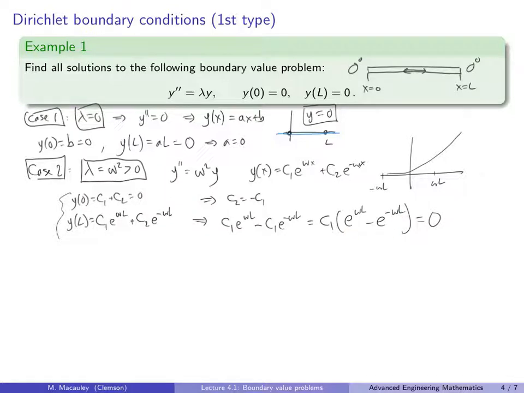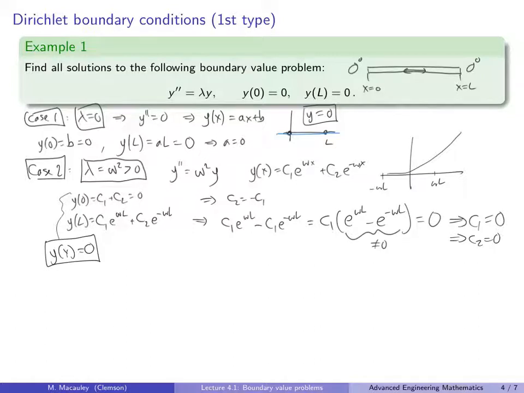In other words, this is never going to be equal to 0. So that tells us right away that c1 has to be 0. So if c1 equals 0 and c2 is its negative, then c2 equals 0. So here we also get that y of x equals 0. So we get no non-trivial solutions here.